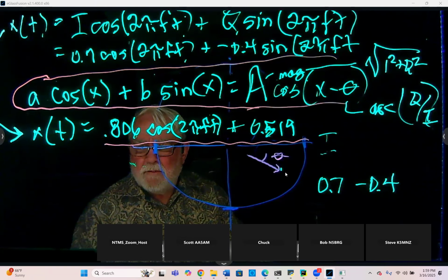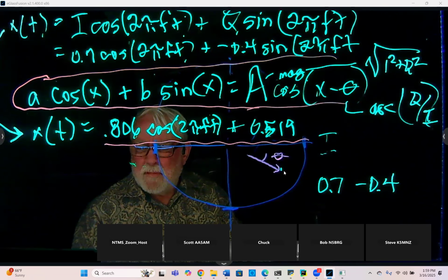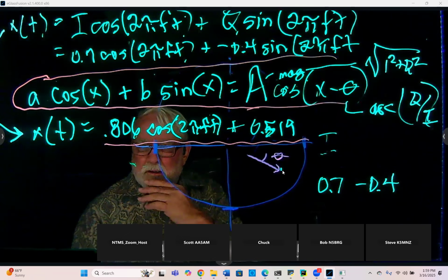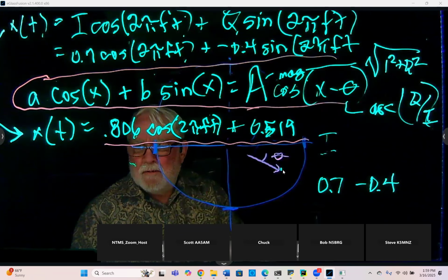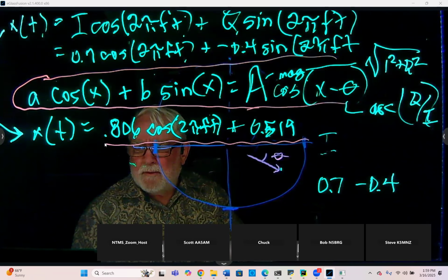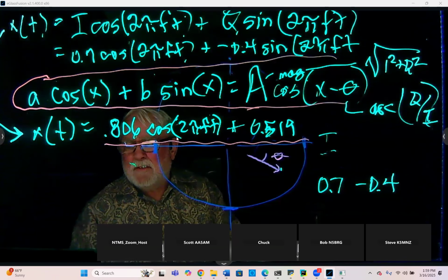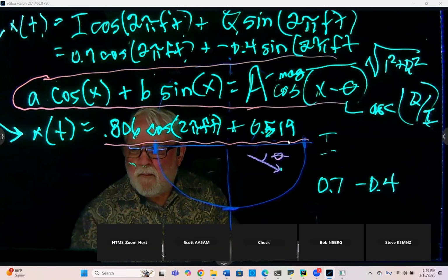So you can get a lot out of that little tiny dot down there, its magnitude, its phase, and how it plugs into these formulas to end up with a real signal, which is right here. The 0.806 cos 2 pi ft plus 0.519 is the phase. That's the magnitude and the phase.